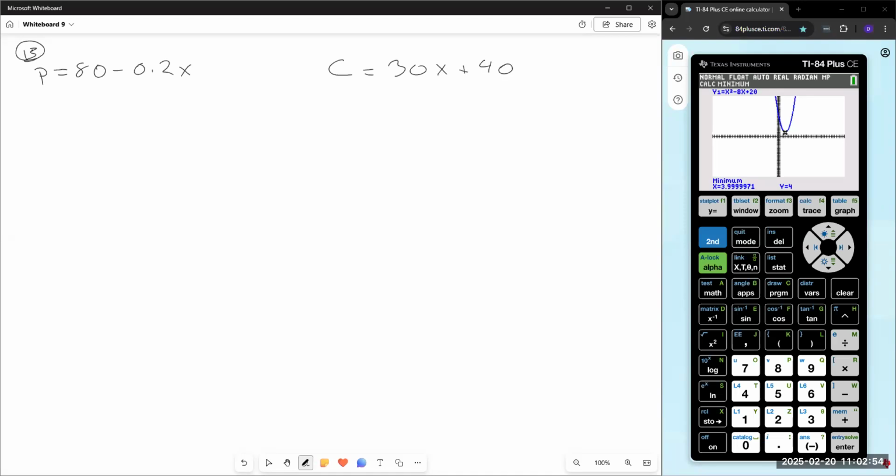So my revenue equation is x times P, which is 80x minus 0.2x squared.